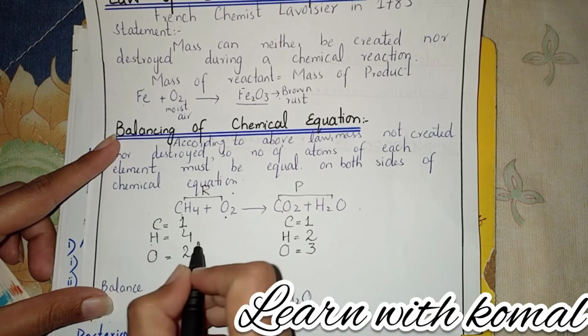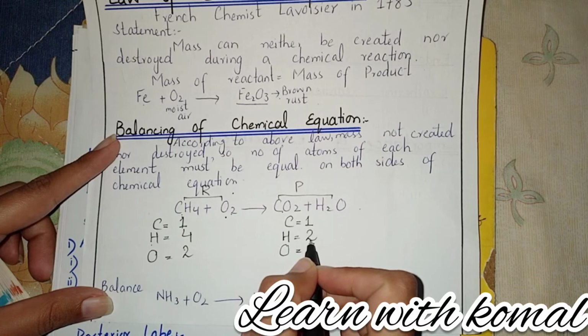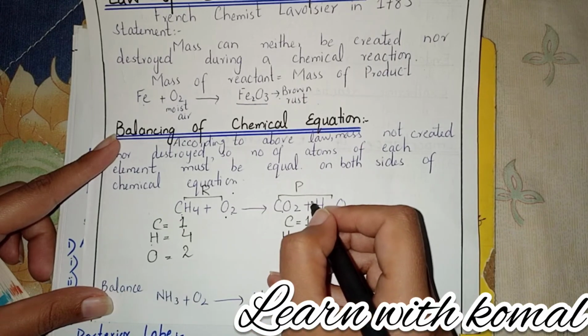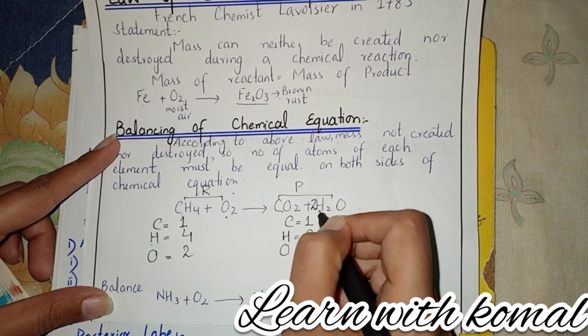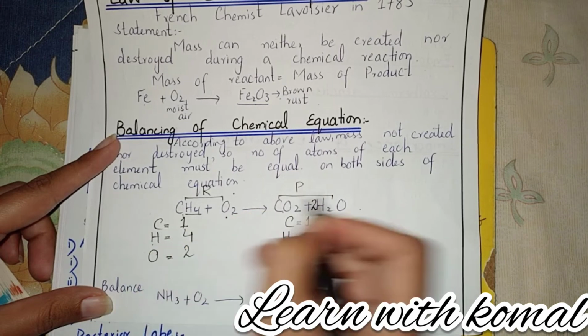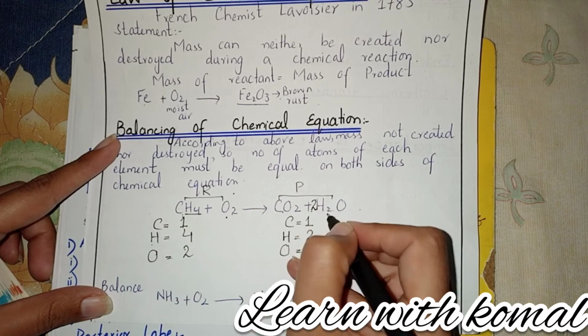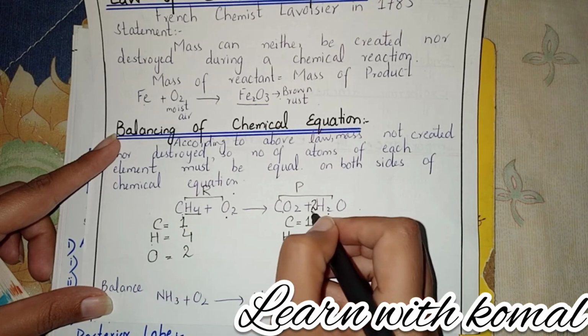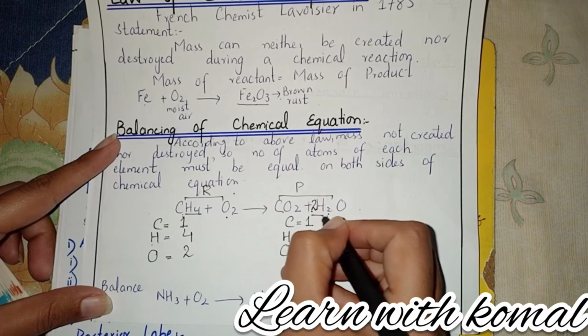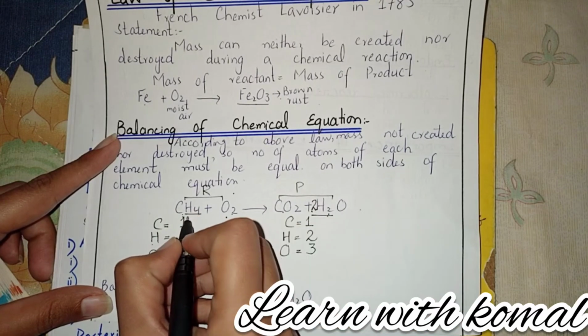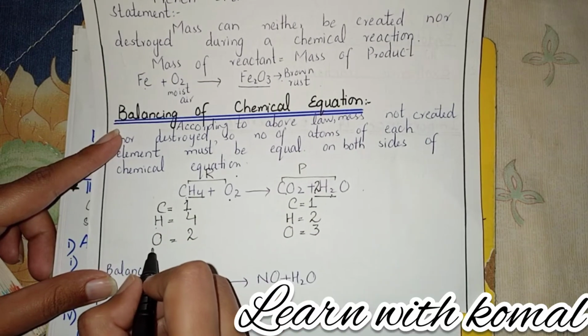Here hydrogen is 4 and here it is 2. So we will add 2 as a coefficient to equalize the hydrogen atoms on both sides. 2 times 2 is 4. So here hydrogen is 4 while here hydrogen is also 4. Now oxygen.